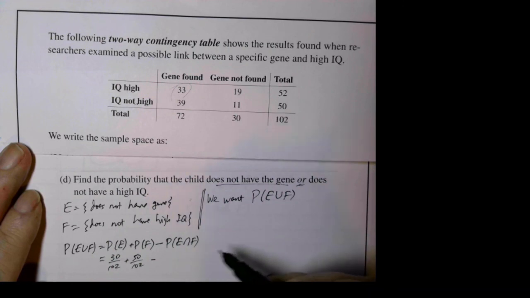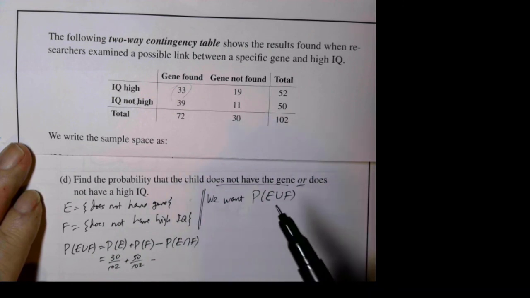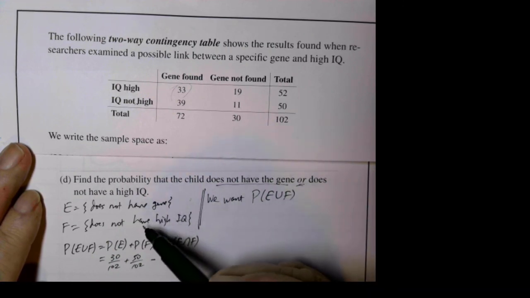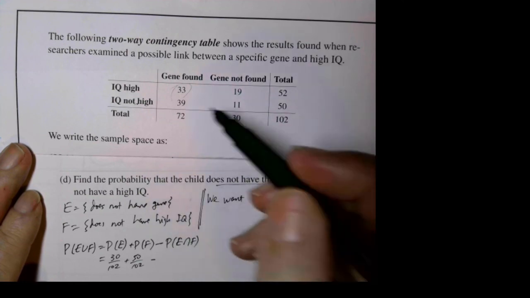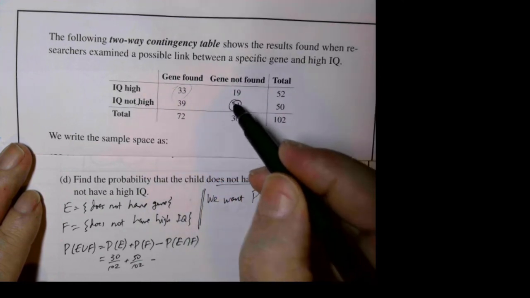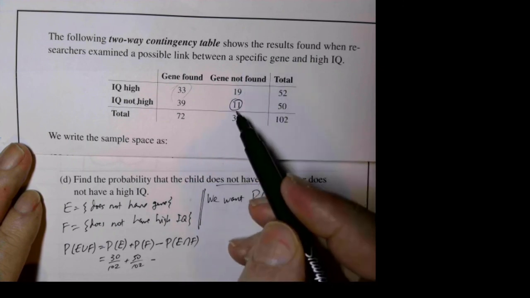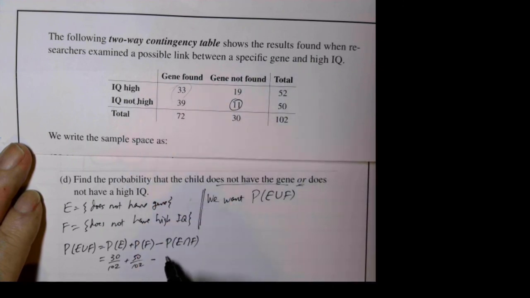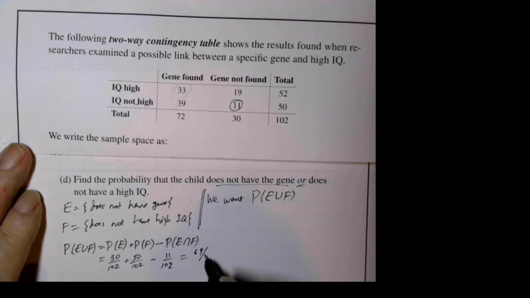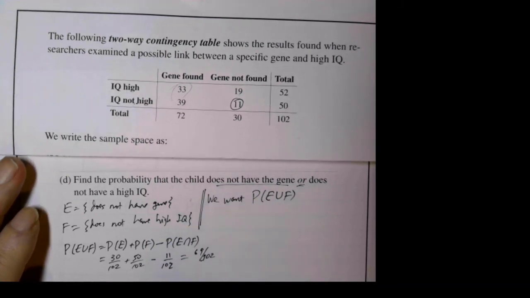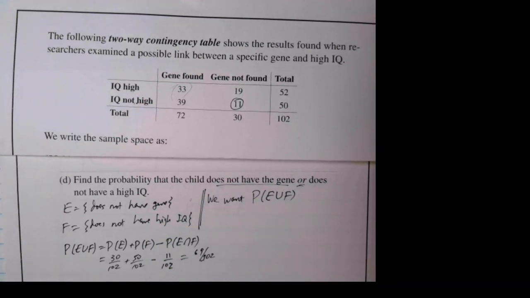And finally, E intersect F is the event that you don't have the gene and you don't have a high IQ. That would be the people right here, these 11 people. So the probability of selecting one of them is 11 out of 102. And if you add these together, you get 69 out of 102. That's the probability that the randomly chosen child from this study does not have the gene or does not have a high IQ. Alrighty, thanks for listening.